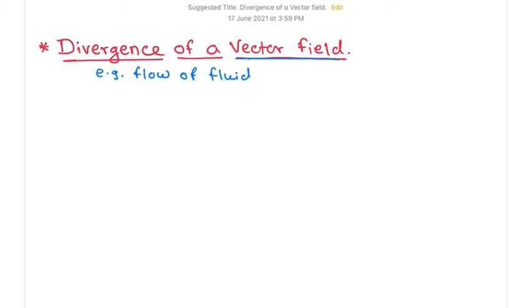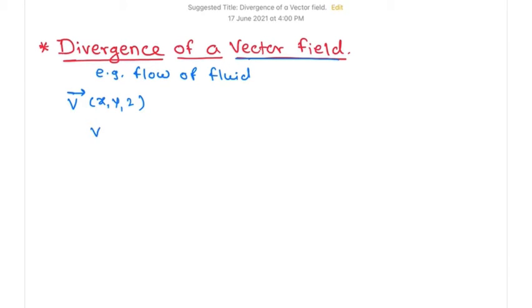Now firstly we define the divergence of a vector field. For that we consider V is a vector point function, and that function is continuous and differentiable. Such a vector is a function of x, y, z.